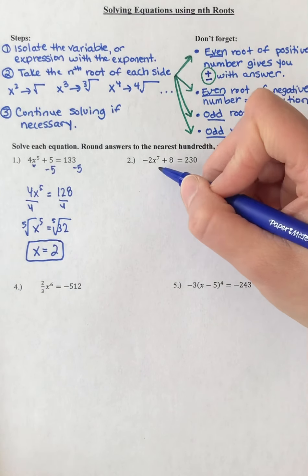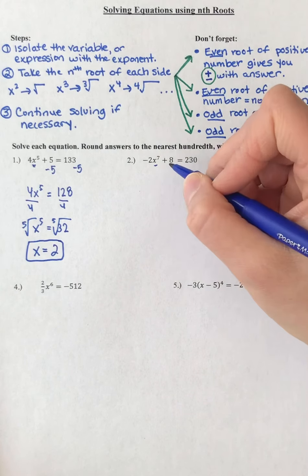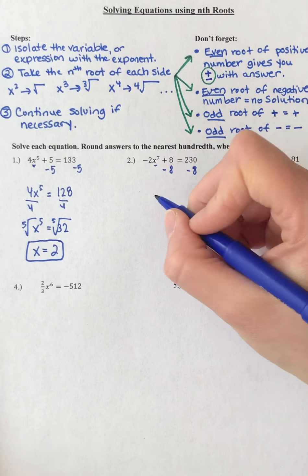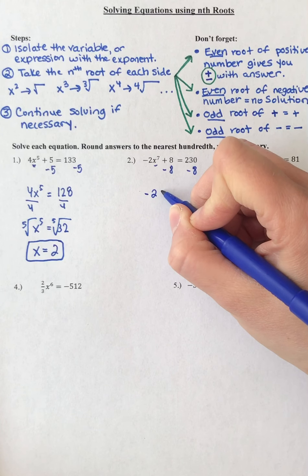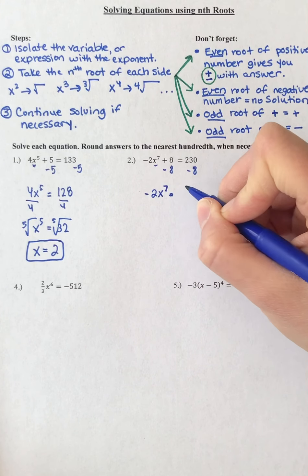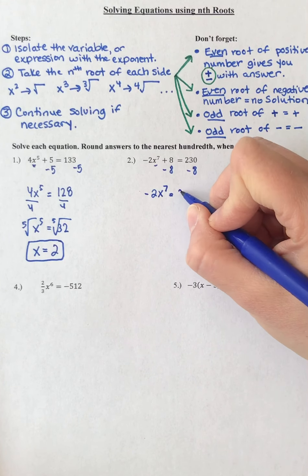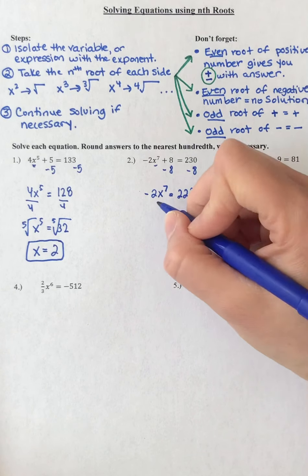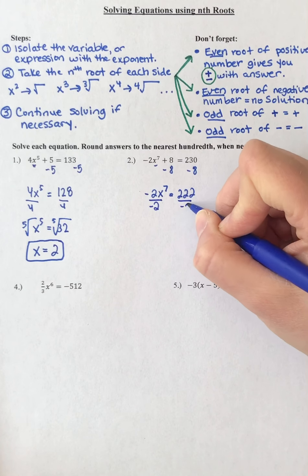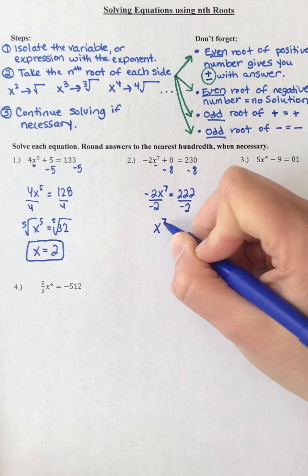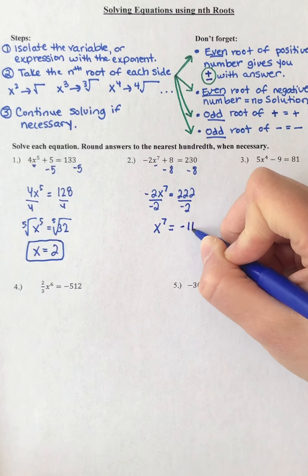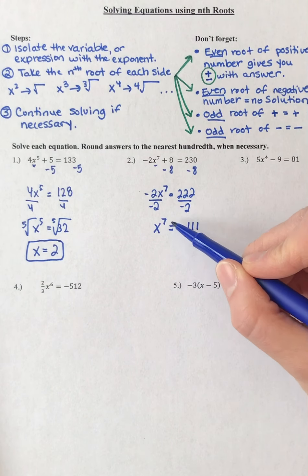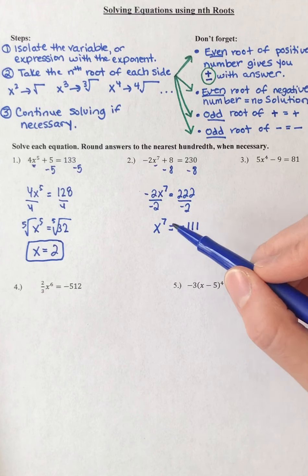Number 2, I want to isolate x to the 7th. So again, I want to start by undoing any addition or subtraction. I'm going to subtract 8 first, and I get negative 2x to the 7th equals 222. I don't want to take the 7th root of anything yet. I want to divide by negative 2 first, and I get x to the 7th equals negative 111. At this point, to solve for x, I need to undo x to the 7th power.